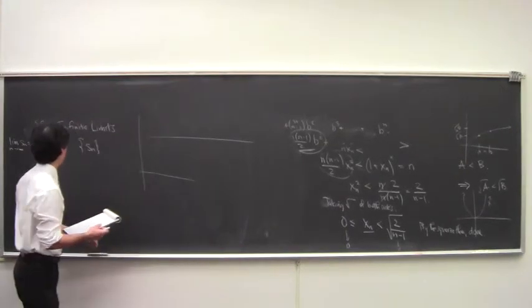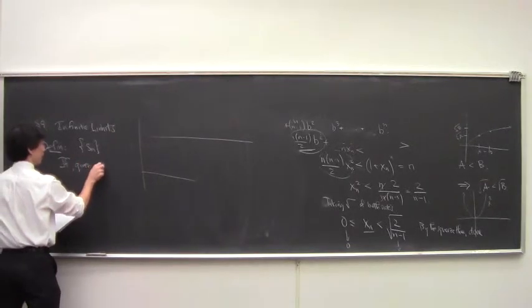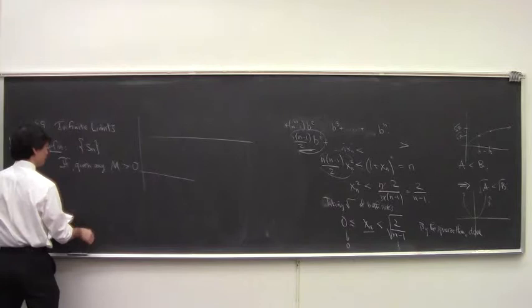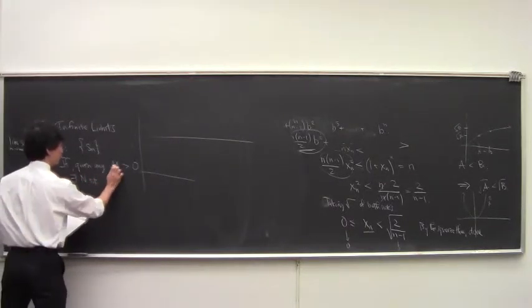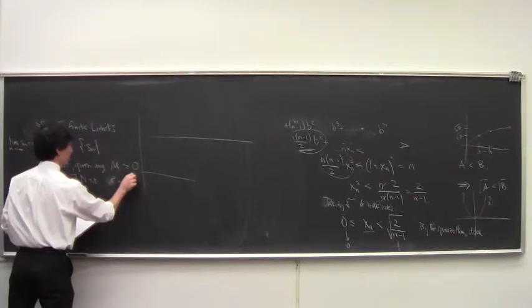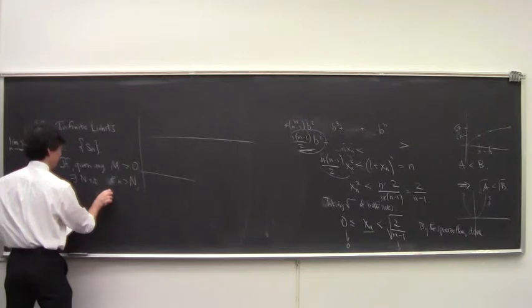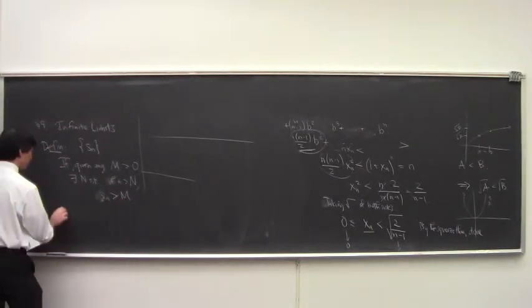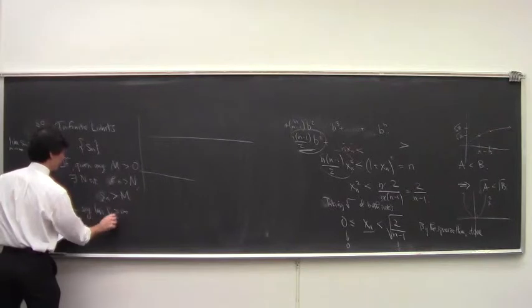So given any bar M, there exists a time N such that if n is bigger than N, S of n is over the bar, then we say the limit of S of n is infinity as n goes to infinity.